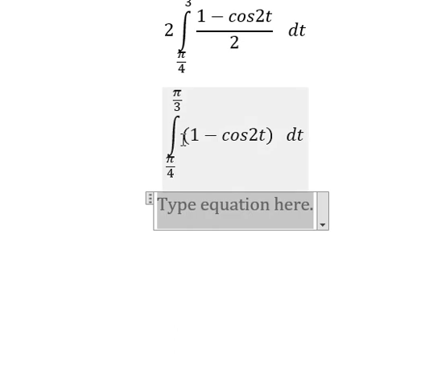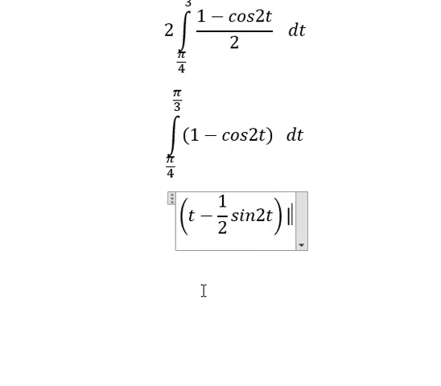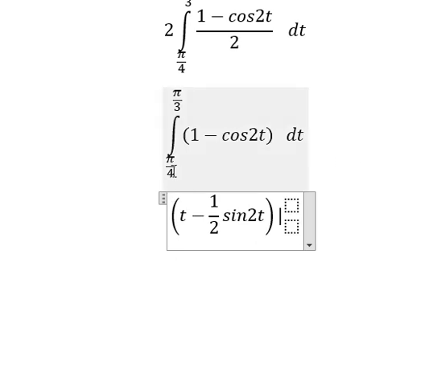The integration of number 1, that is about t. The next one, we have 1 over 2 sine 2t. And we put the bounds from pi over 4 to pi over 3.